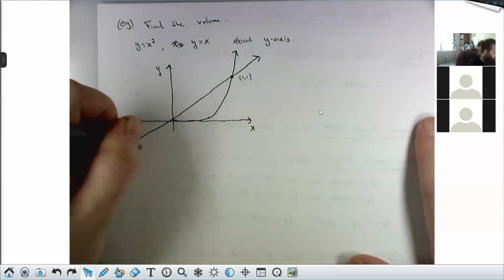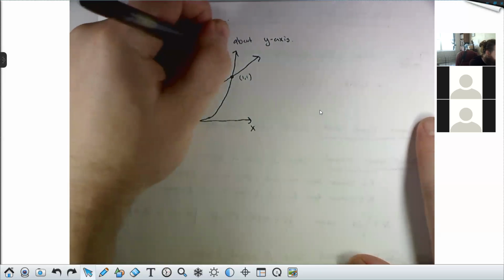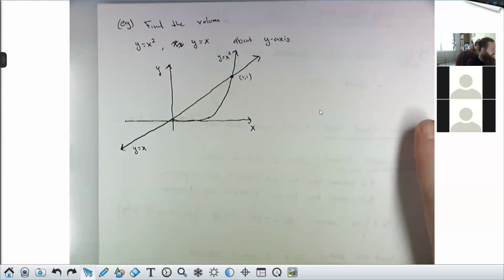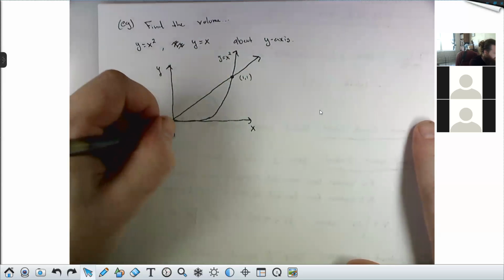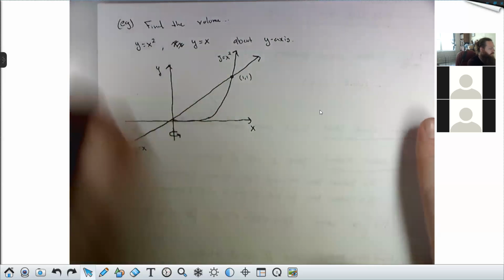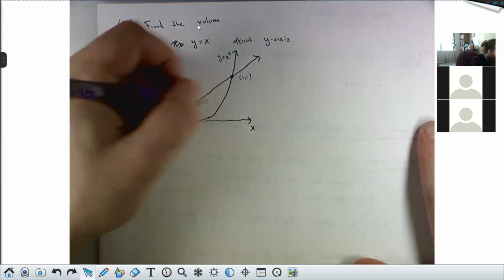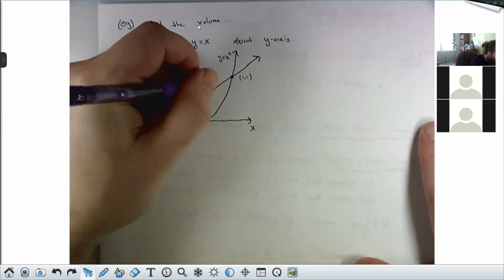This guy is y equals x squared, and my axis of rotation is the y-axis. So regardless of which method I was going to use, this is how it would start. And now, because I'm doing this in section 6.3, I want to use the cylindrical shells method rather than the washer method. And you'll see in some senses, the shells method here is nicer.